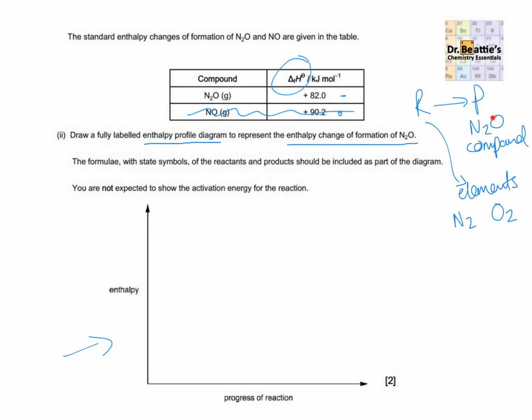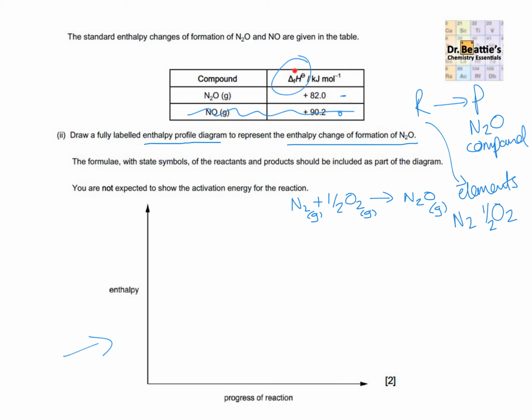But our oxygen, we only need one oxygen, even though the elemental form is O2. So we're just going to put a half in front of the O2 to show that our molar ratio is half compared to the N2 element. And so basically we've constructed the equation for the formation of N2O. What you should know is nitrogen and oxygen are gases at standard temperature and pressure, and N2O, it would be unsurprising to know that this is also a gas.